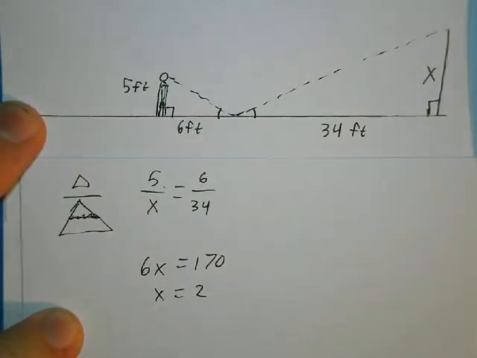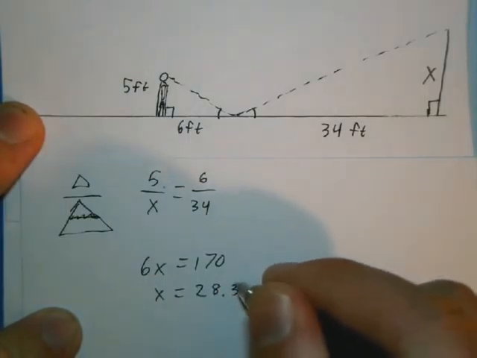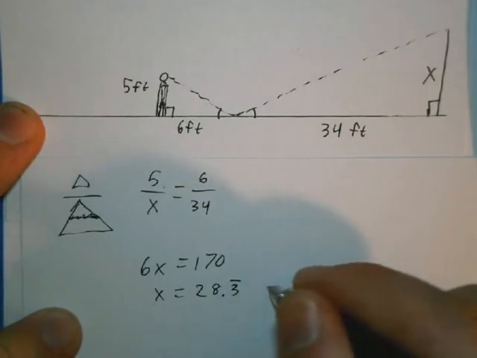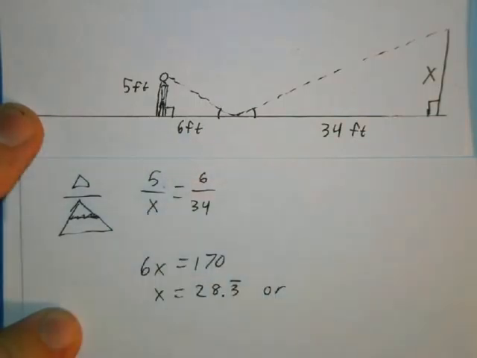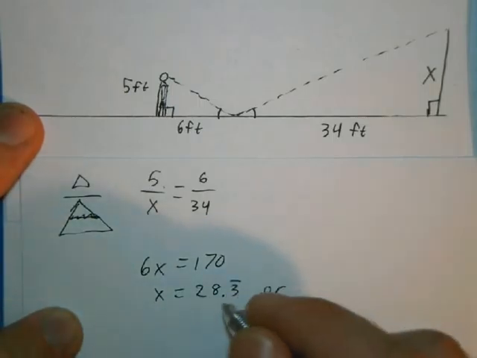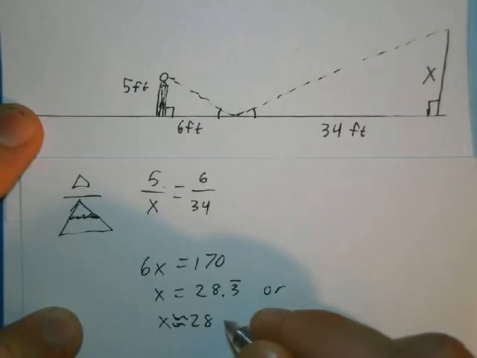It's not going to go in there evenly. So 28.3 repeating, or if we round to the nearest foot, then it's going to be 28 feet. We would round down. x equals 28, about 28 feet.